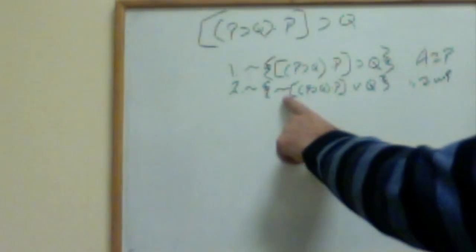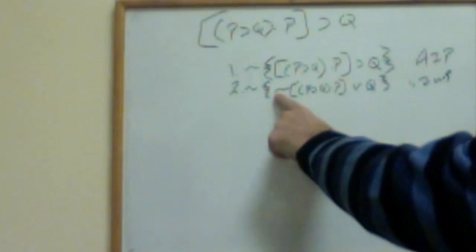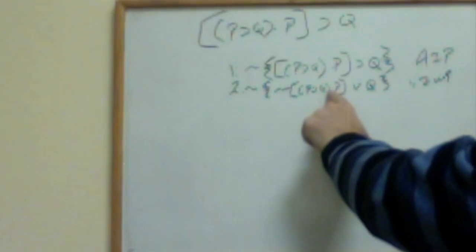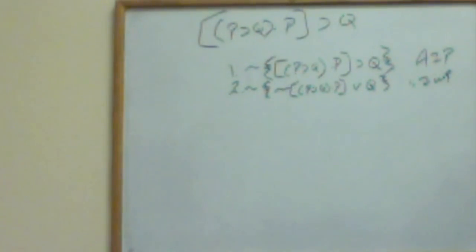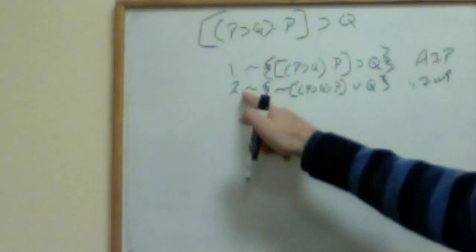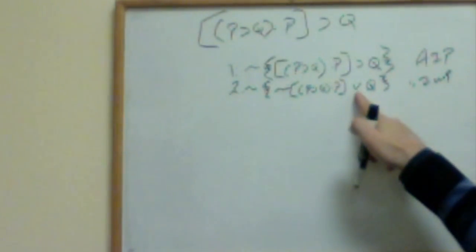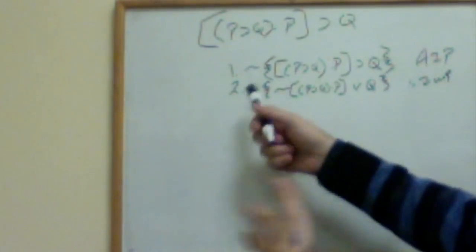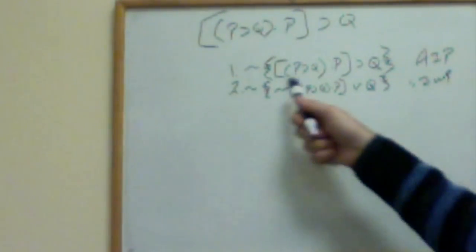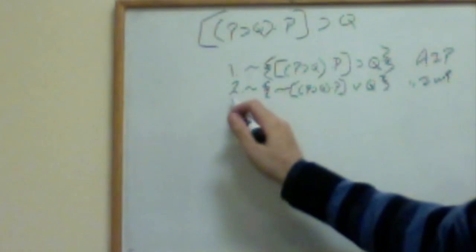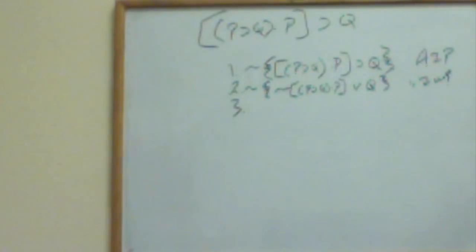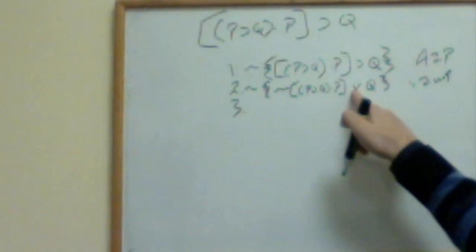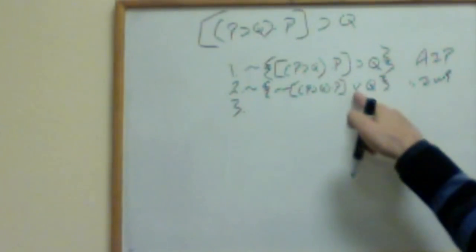So now we have a negated dotted sign, and we have a negated wedge operator, and so we can use our De Morgan's rule on that. And probably looking down the road, it's easier to do that second one first. So let's write down line 3 here, and we're going to use De Morgan's rule, moving this inside and changing the operator.